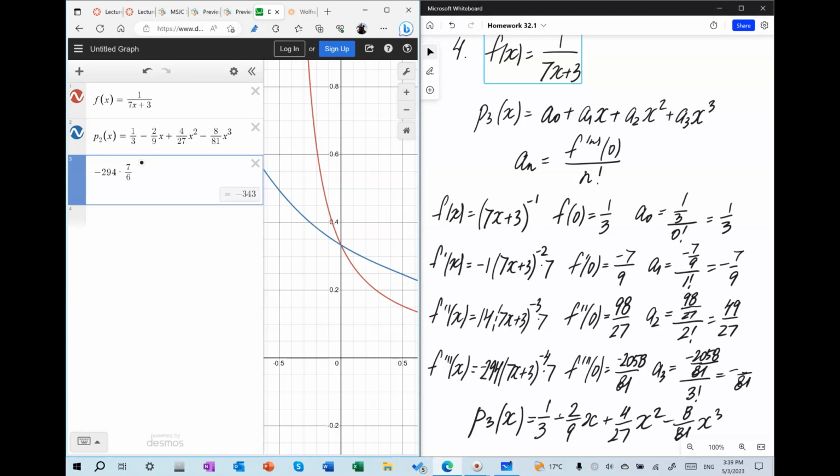Oh yeah, so we get negative 343. So let's just update all the coefficients. 49.